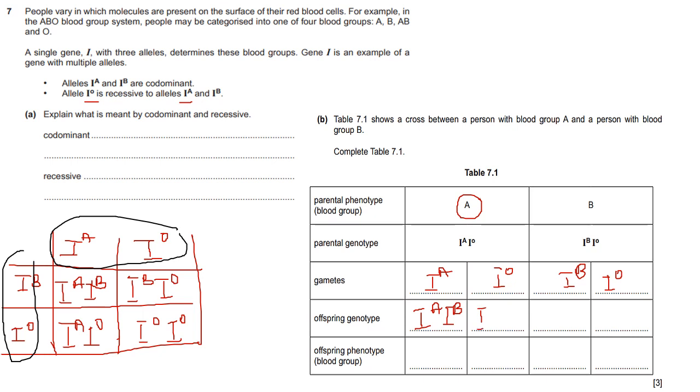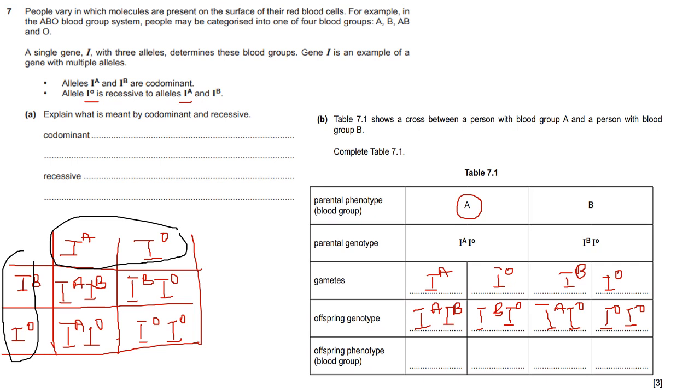And then over here you would have IB, IO, then it's IA, IO, and then it's IO, IO.